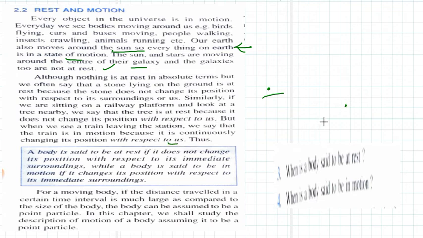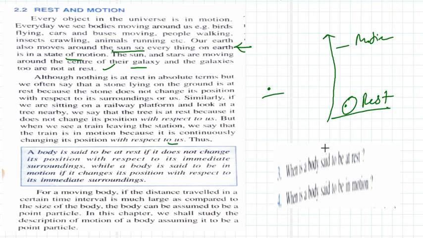We are standing here, the train is moving in that direction, so it is in motion. We are at rest. So though nobody is at rest due to the motion of the earth, with respect to surroundings, we can define rest and motion.